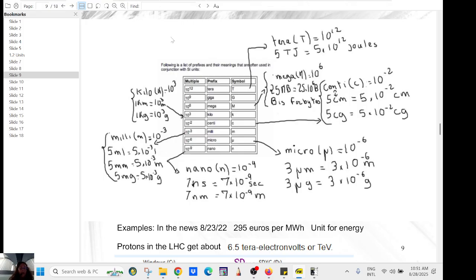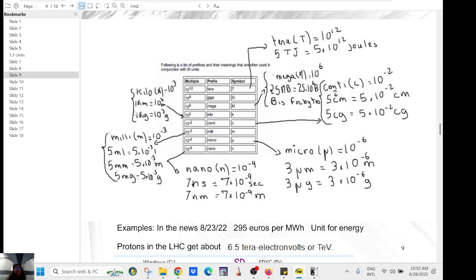Okay, and then you have the metric prefixes that you should know, also very useful for biology or chemistry or engineering. So the trick is, if you see kilo, for example, you have to substitute kilo by 10 to the third.